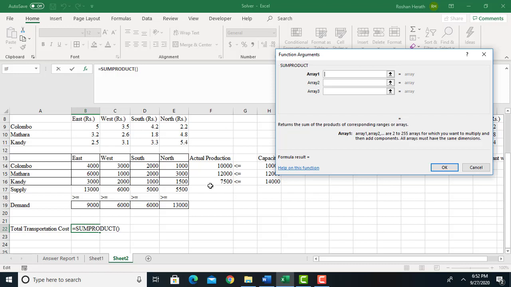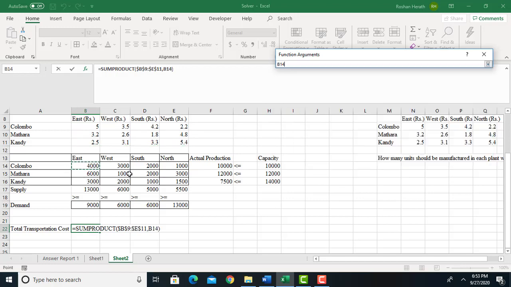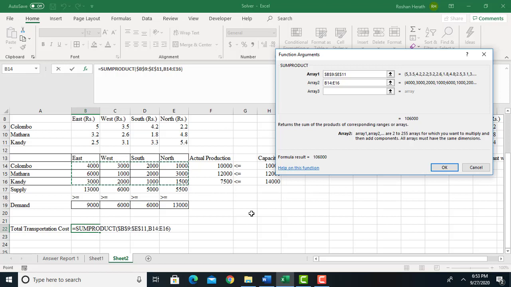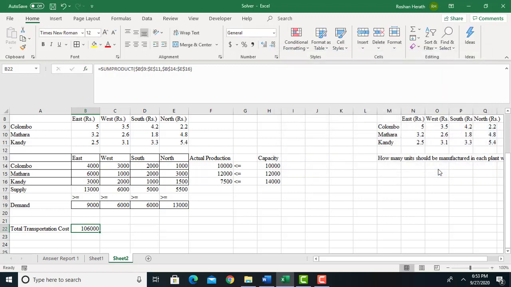So you can achieve everything at once if you select the entire range. You can make it constant if you wish and multiply it by the number of units that you deliver. You can see that under the prevailing condition, the cost comes to 106,000.